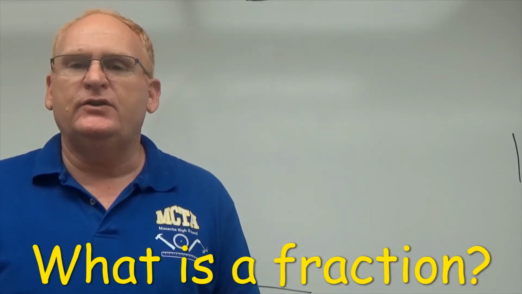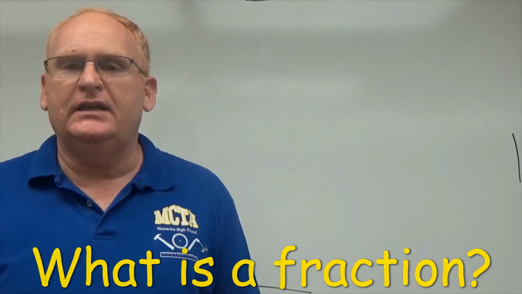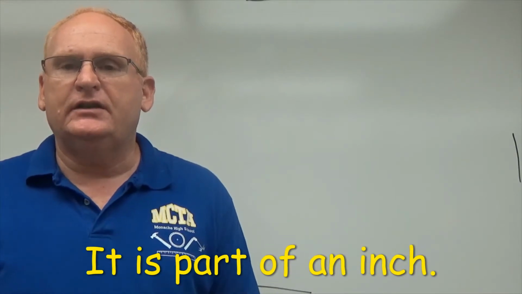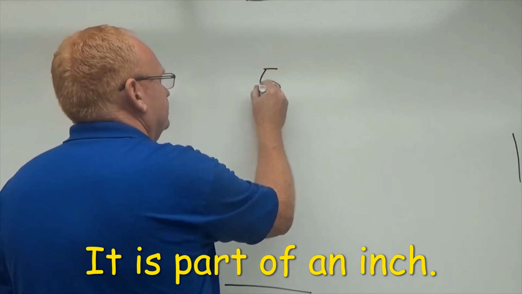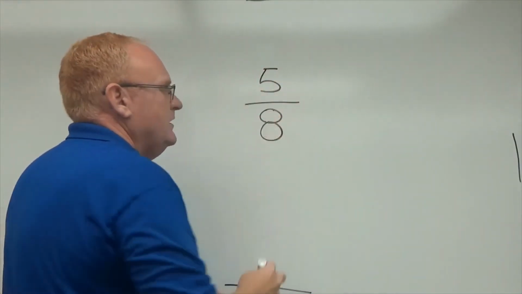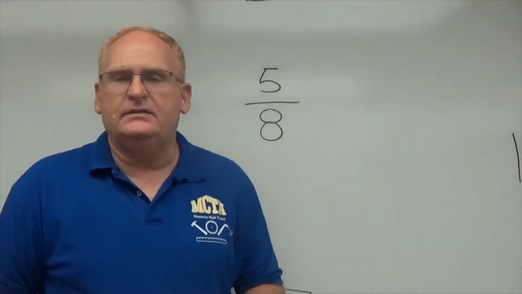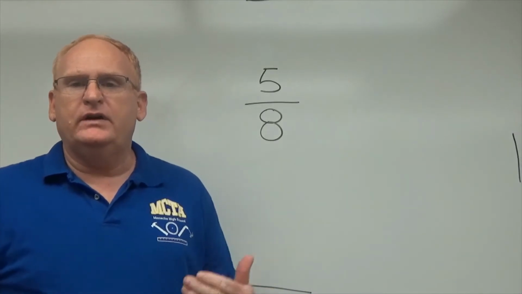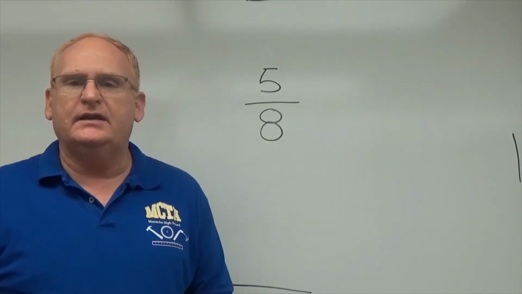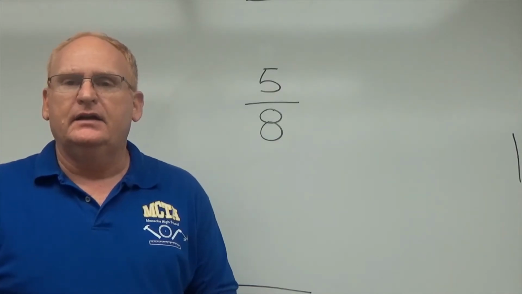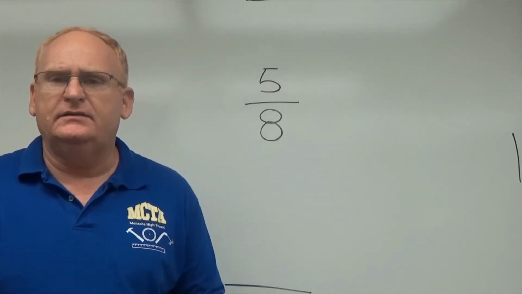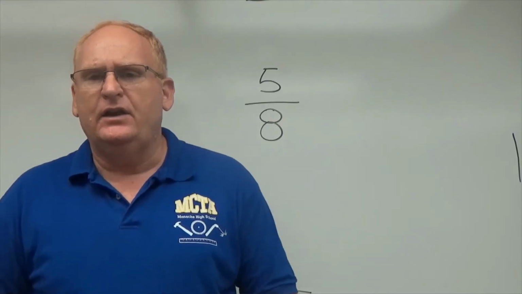So first of all, you need to understand what a fraction is. A fraction, let me give you an example, 5/8. That fraction right there of 5/8, what's the 5? What is the 8? When I ask students that, they'll tell me the 5 is the numerator and the 8 is the denominator. And then I say, well, define denominator. What does that mean? And they'll say, oh, that's the bottom number.